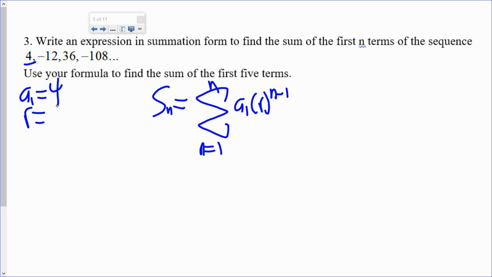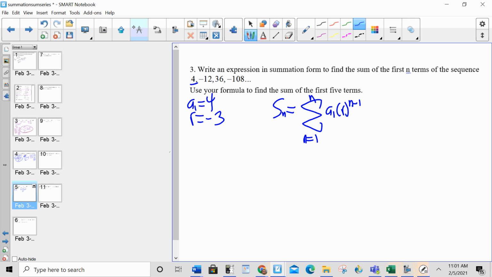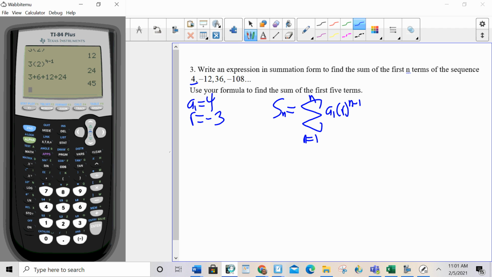R, what am I multiplying by to get from 4 to negative 12, from negative 12 to positive 36? Since the signs are alternating, it has to be a negative, and it's negative 3. And again, if you can't come up with that, you can always do A2 divided by A1, A3 divided by A2, and you see that you're getting negative 3.